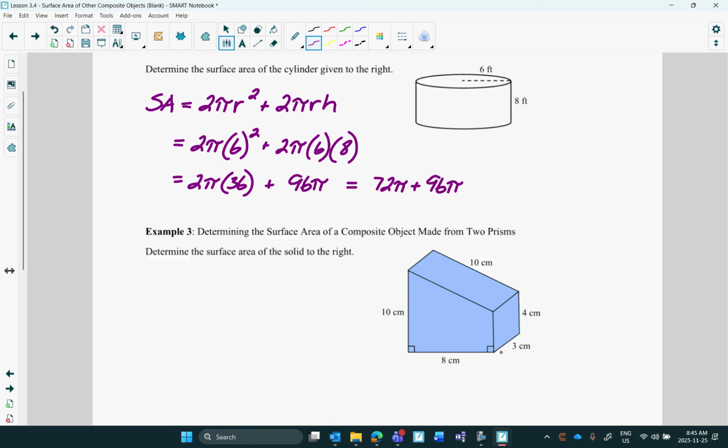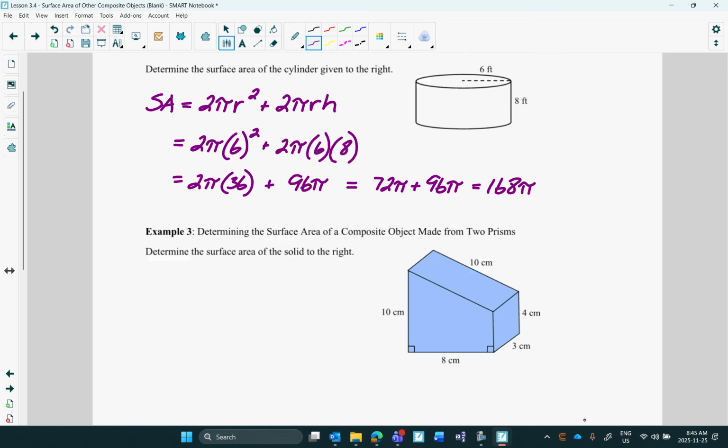You can use a calculator here, but I could keep going. If I got 72 pi's and I add 96 pi's, that's the same as 168 pi's. And remember, in the first unit, we talked about leaving your answer in terms of pi. If you left it like this it's right.